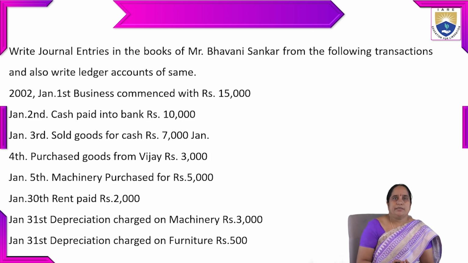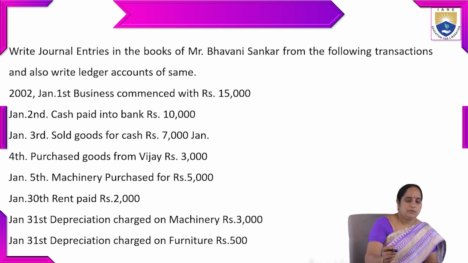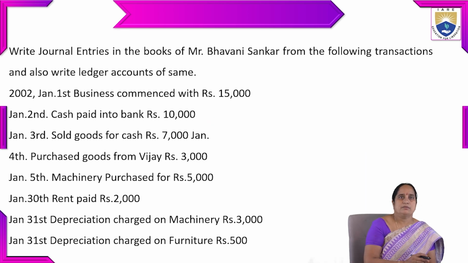So write journal entries in the books of Mr. Bhavani Sankar from the following transactions and also write ledger accounts of the same. 2002 Jan 1st, business commenced with 15,000 and Jan 2nd, cash paid into bank worth 10,000 rupees. Jan 3rd, sold goods for cash worth 7,000. Jan 4th, purchased goods from Vijay 3,000.